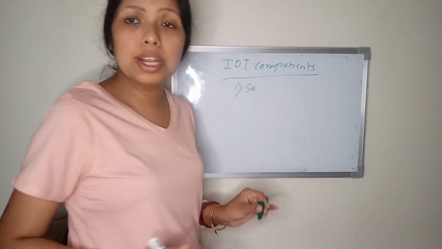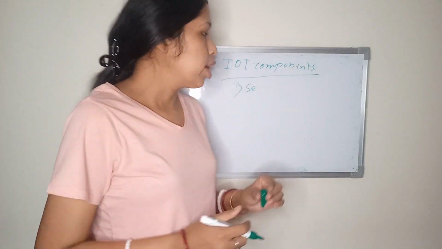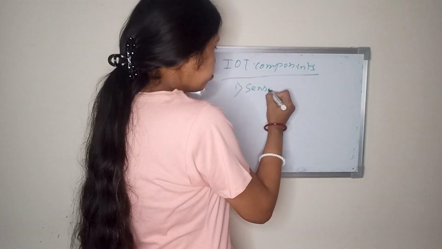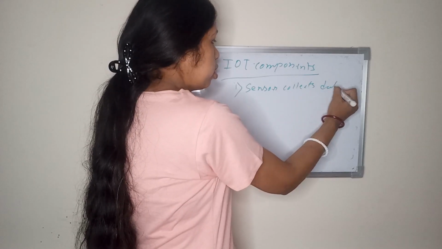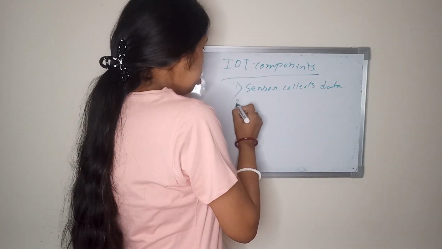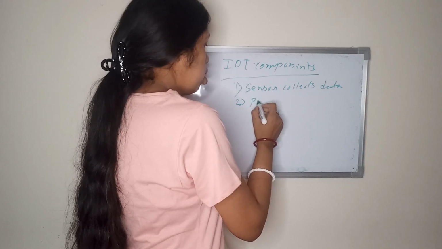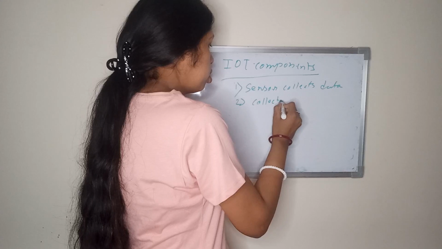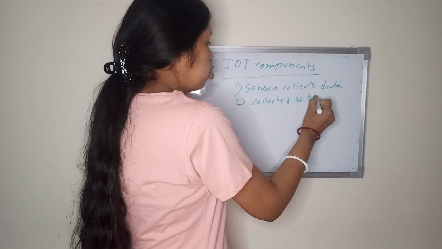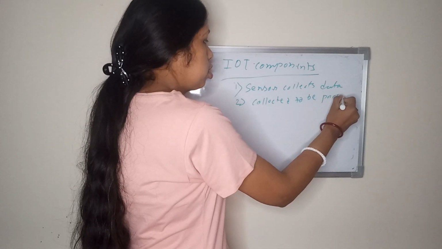So the main principle of IoT normally is: the sensor collects data, and the collected data is to be processed.